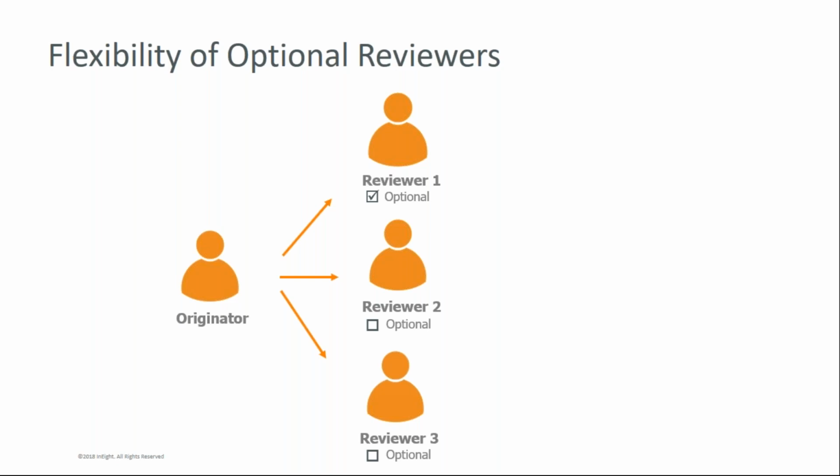What this means is we need reviewer 2 and reviewer 3 to offer some input on that drawing. But as far as we're concerned, reviewer 1, if he or she does offer input, that's fantastic. If not, let's keep that review moving, get it to the review coordinator so that we can make a decision on that drawing in a timely manner.